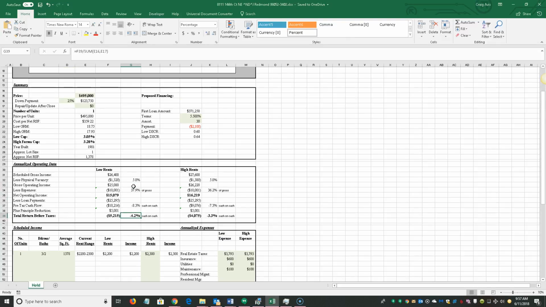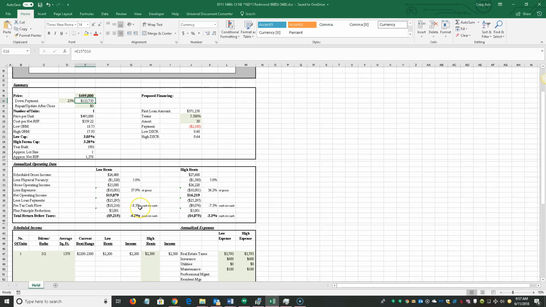So when you're looking at real estate as an investment, you're leveraging your money. You're only putting down your down payment, in this case $123,000 down payment. The rest of it is financed. So the cash on cash is how much return you're getting based on the $123,000 that you've got invested.